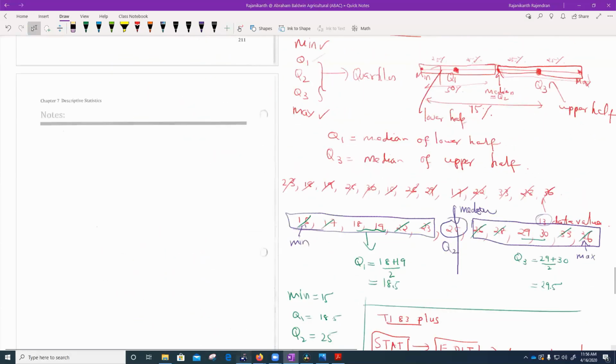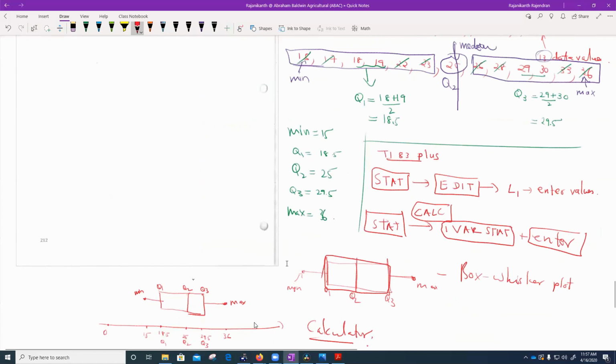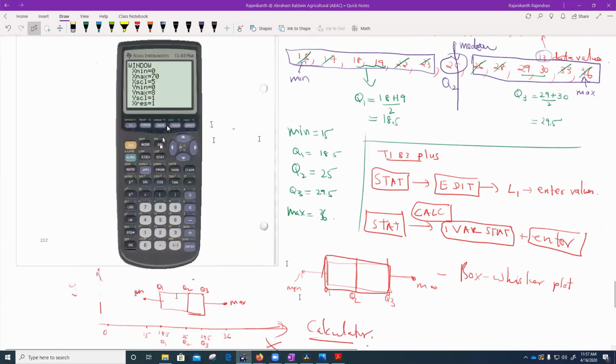We already have entered all the data values for this problem. Now I'm going to set the window. So go to the window. Remember, you see this real line is my x value. This height is the y value. So you have to plug in the correct range. So my x minimum value, you see the minimum value of the given data is 15.